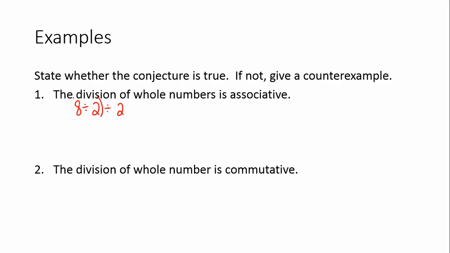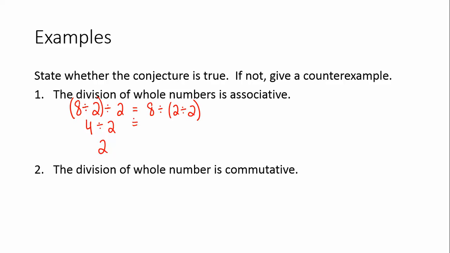We're going to group the front on the first side, and on the right side, we're going to group the back. If we divide this part in parentheses first, we get 4. 4 divided by 2, then, this 2, is 2.